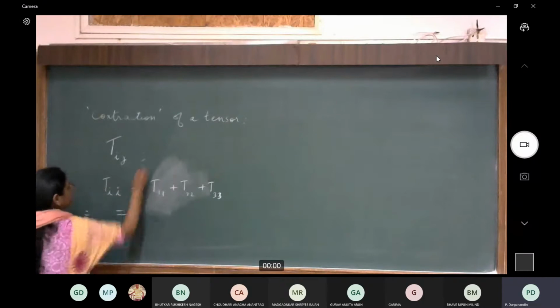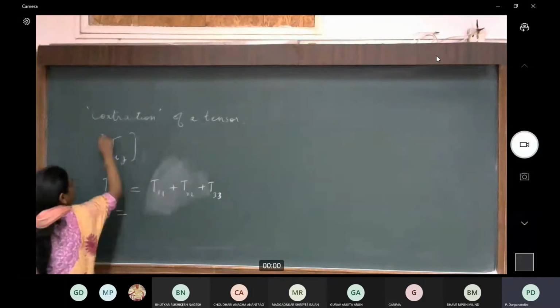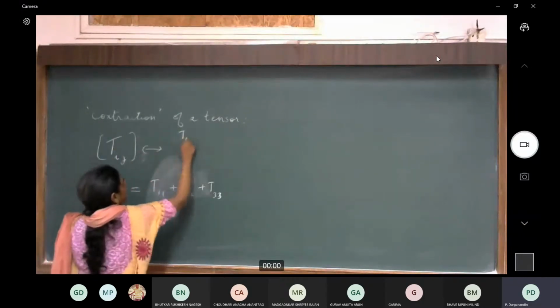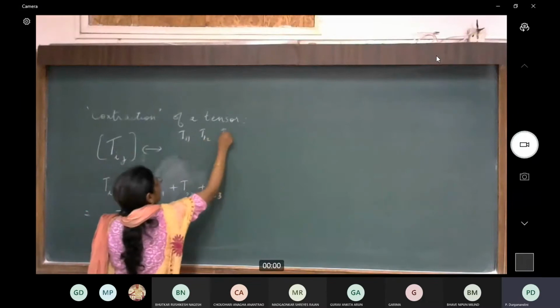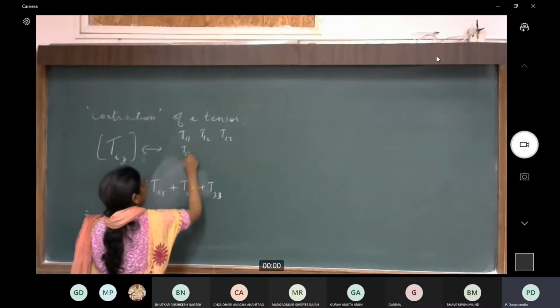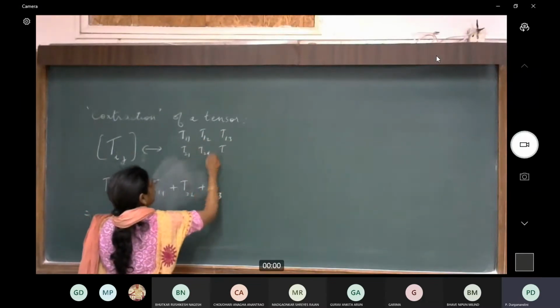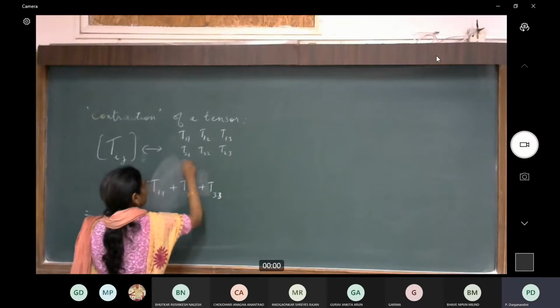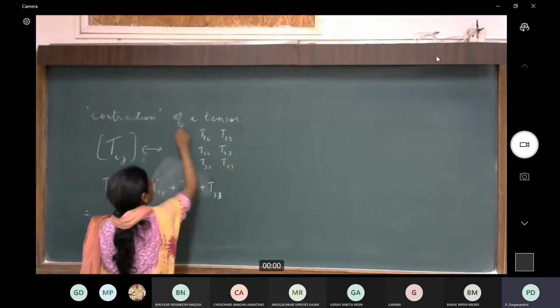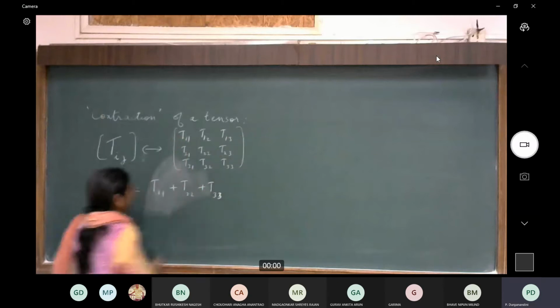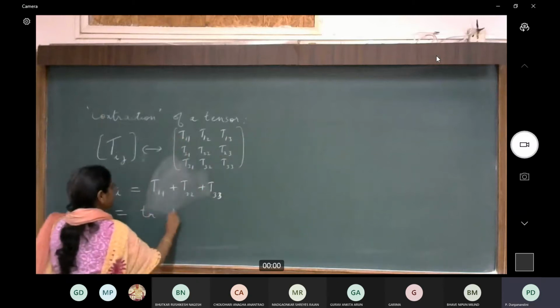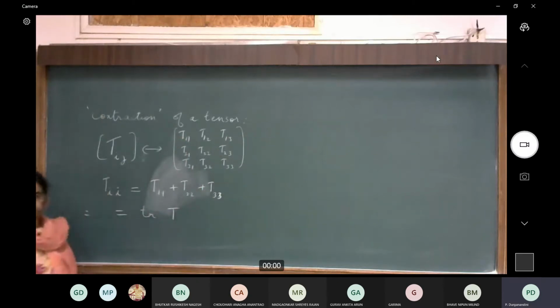And as you can see, this is nothing but the trace of the matrix T11, T12, T13, and so on. This is for a second rank tensor, so this is nothing but the trace of the matrix.